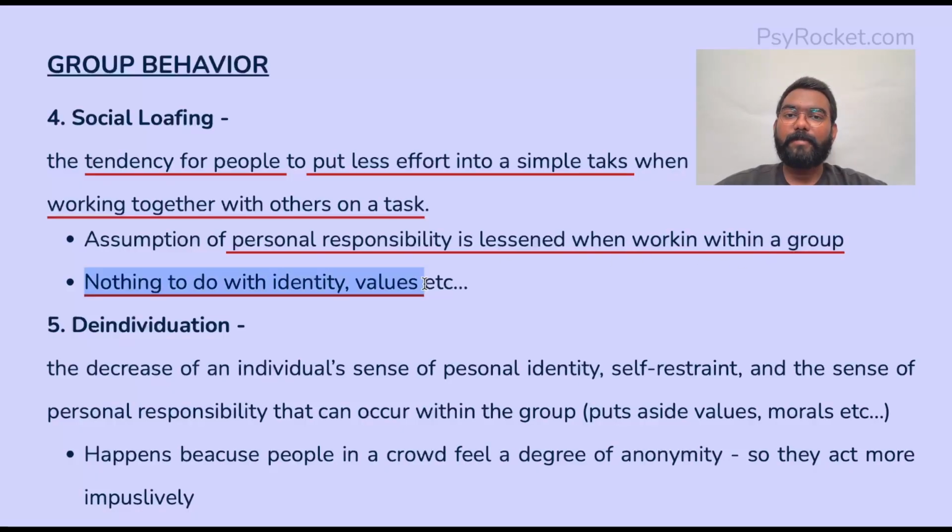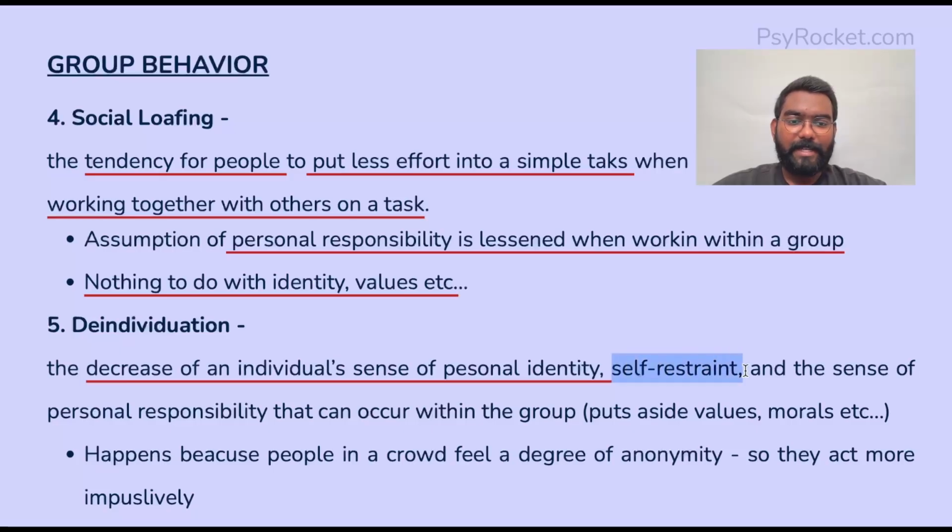Okay. But there is a difference between social loafing and de-individuation, which is that social loafing has nothing to do with identity, values, etc., whereas de-individuation has something to do with identity. We'll see. In de-individuation, what happens is there will be a decrease of an individual's sense of personal identity, self-restraint, and the sense of personal responsibility that can occur within the group.